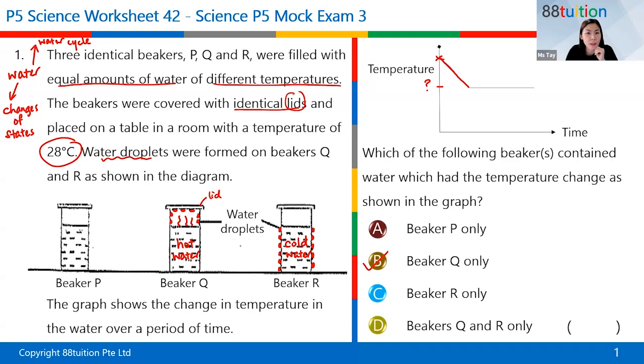Who else can give me the answer? If I ask you to give me a certain number, how many degrees Celsius do you think? Okay, good, Joanne. Very good. The rest of you? This is room temperature. Very good.